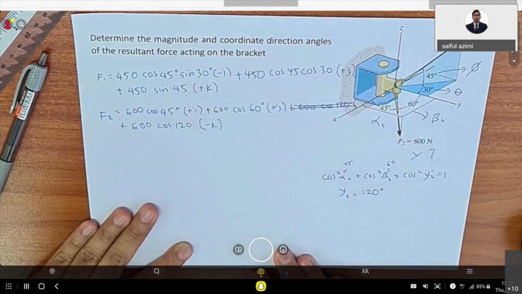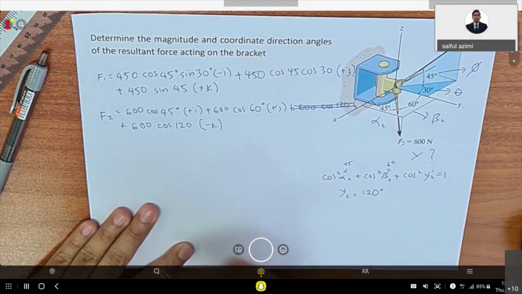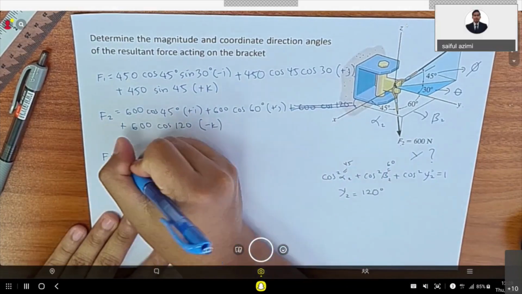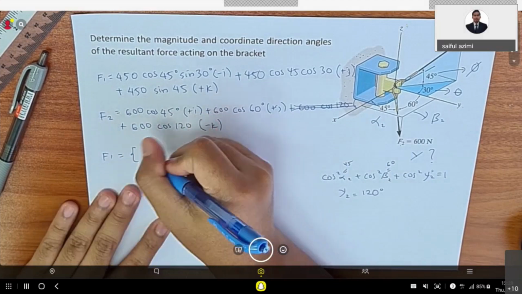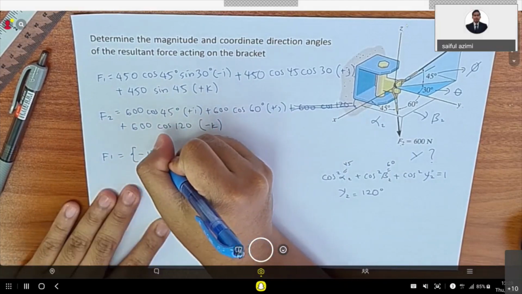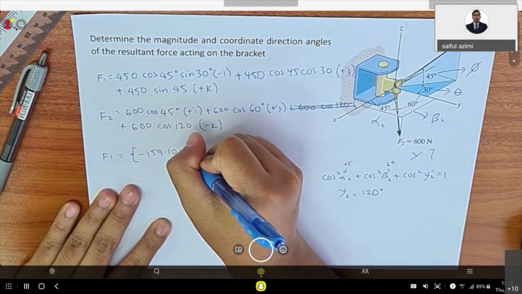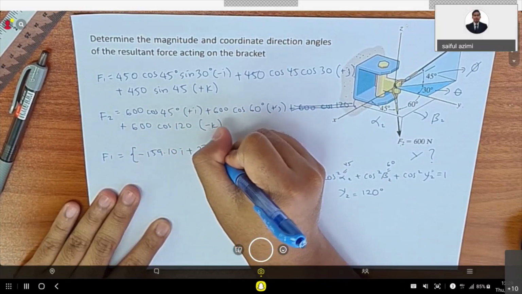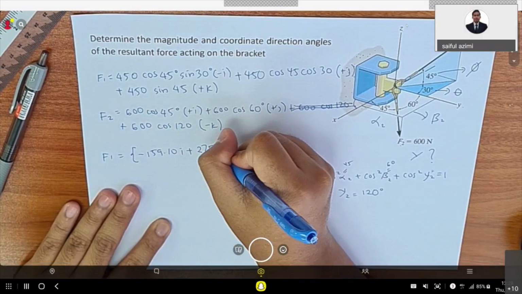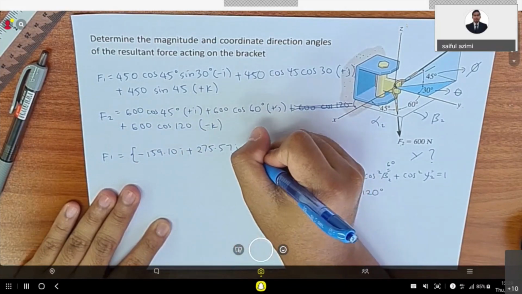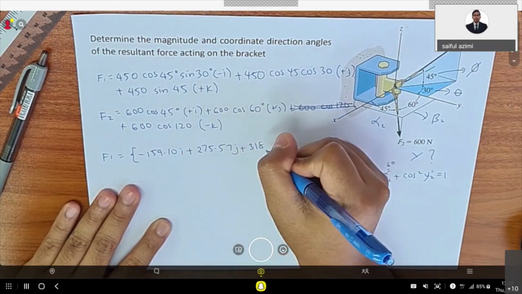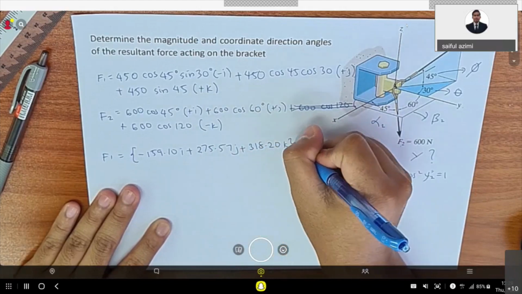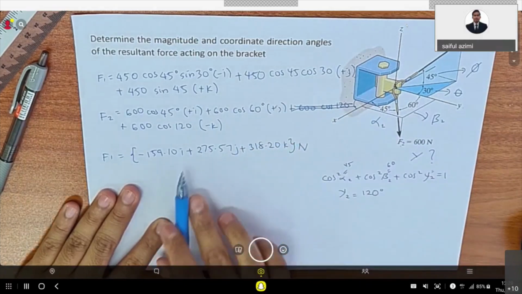So you will get the final answer of F1 equals negative 159.10 I plus 275.57 J plus 380.20 K, Newton. So this is your F1.